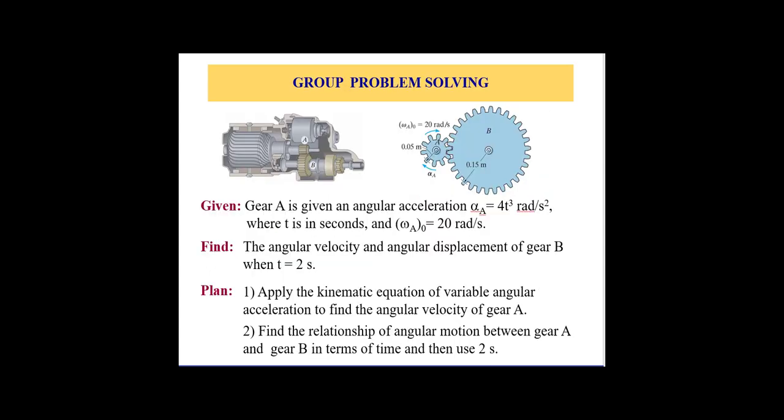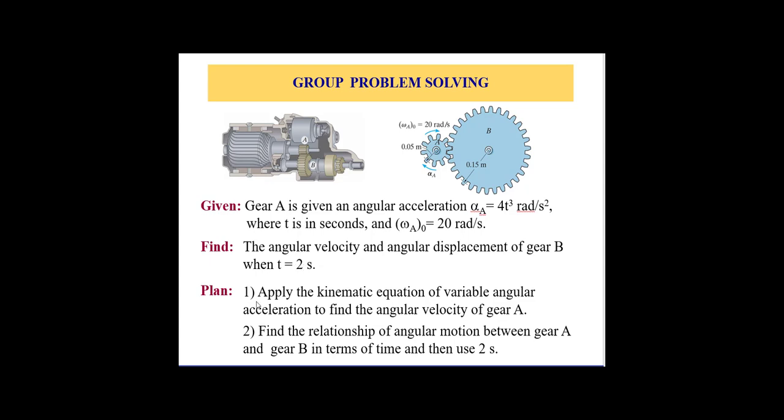Right. Now, the last exercise is a group problem solving. This problem is two gears meshed to each other, gear A and B, given that gear A is described by a time variant angular acceleration. We want to calculate the angular velocity and angular displacement of gear B at time equal 2 seconds.